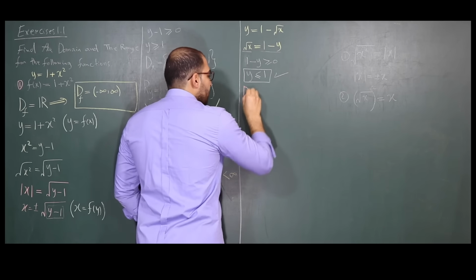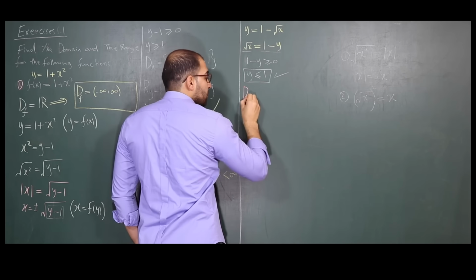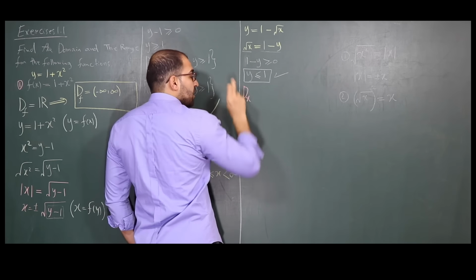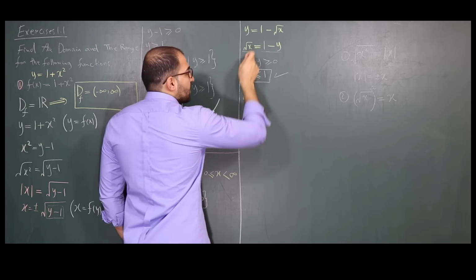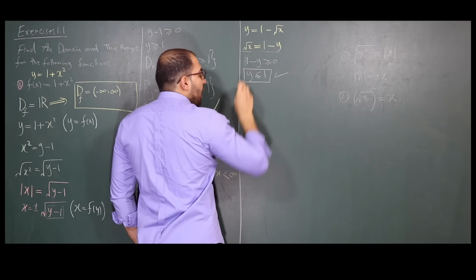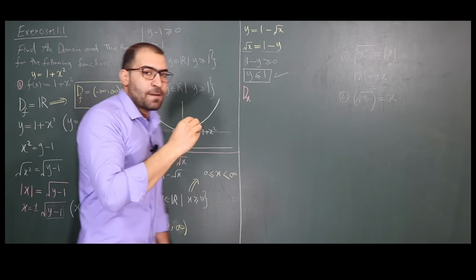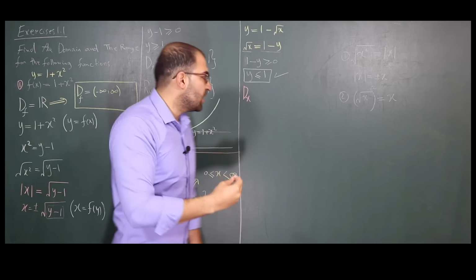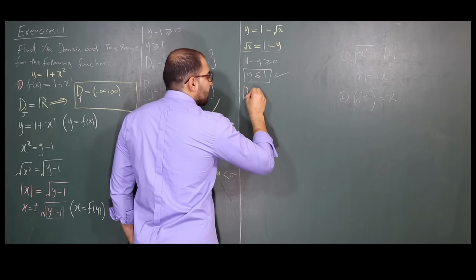So the domain of the new function, I'm going to call it x, because x is the same thing as the square root of x. I mean by x the new expression. So when I say domain of the function x, I mean the new expression.